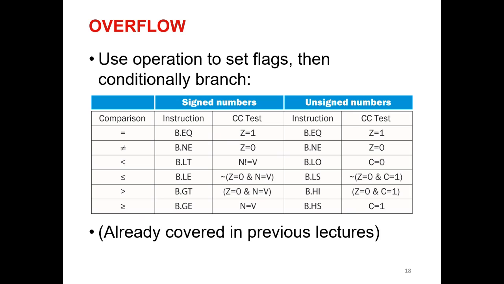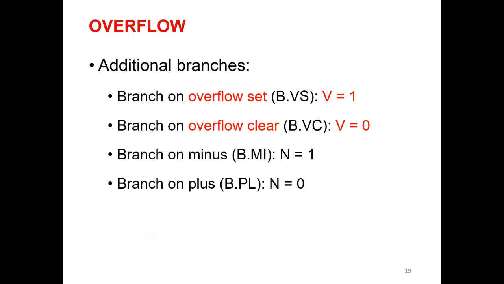So now we can also understand what is happening for the other branches: how we manage the V, the overflow, and the C, the carry, in order to get the other conditions: less than, less or equal, greater than, or greater or equal. Now we have seen all four codes, and we are able to understand how those branch instructions actually work.